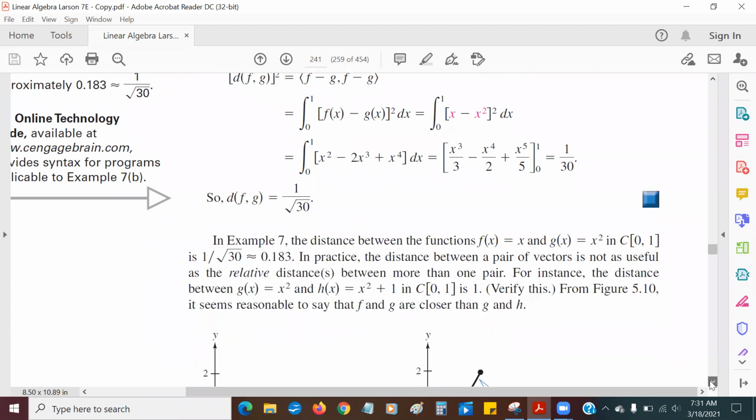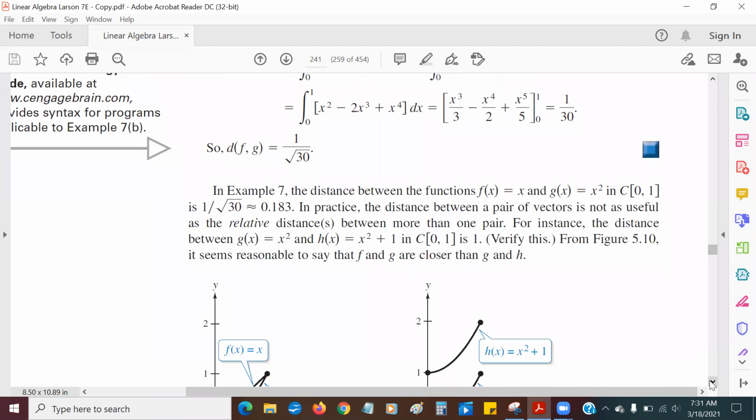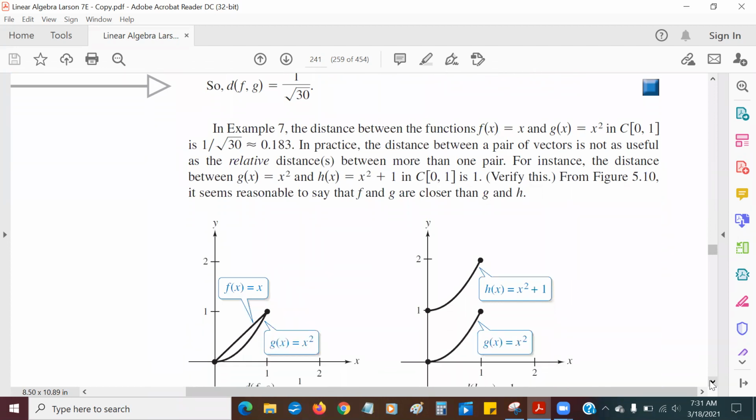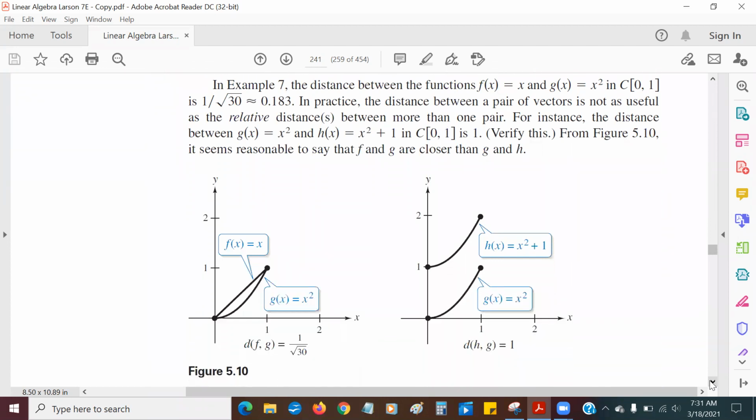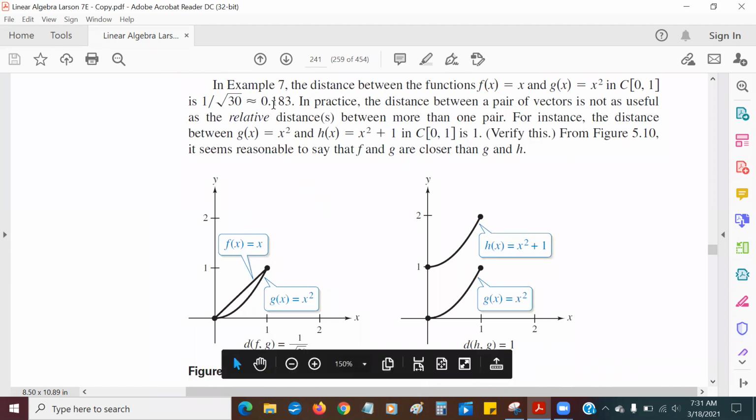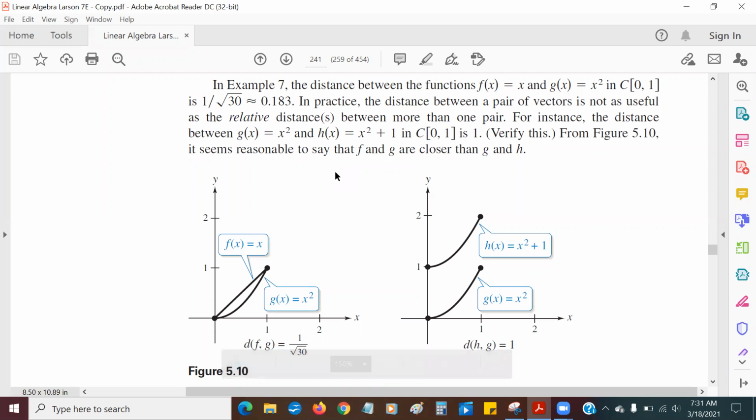I just want to point out that the distance being 1 over rad 30 is approximately 0.183, in case anyone was wondering. And again, what does it even mean? In practice, the distance between a pair of vectors is not as useful as the relative distances, because what does distance mean on its own?